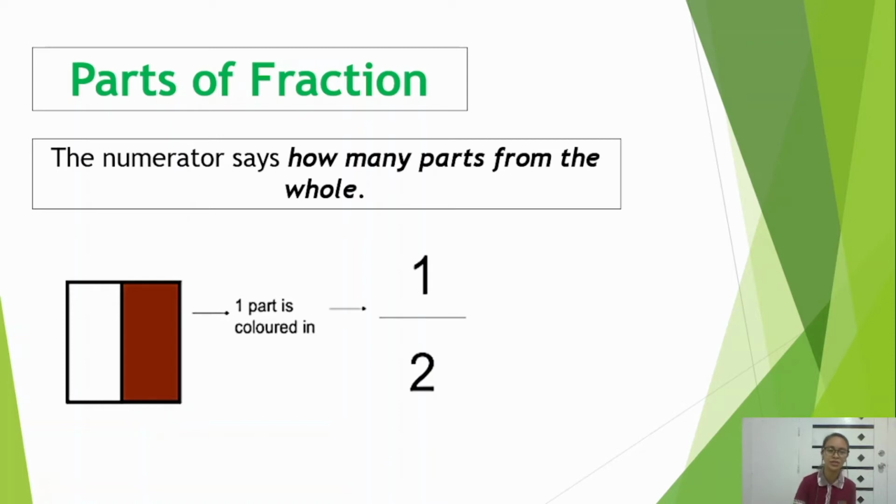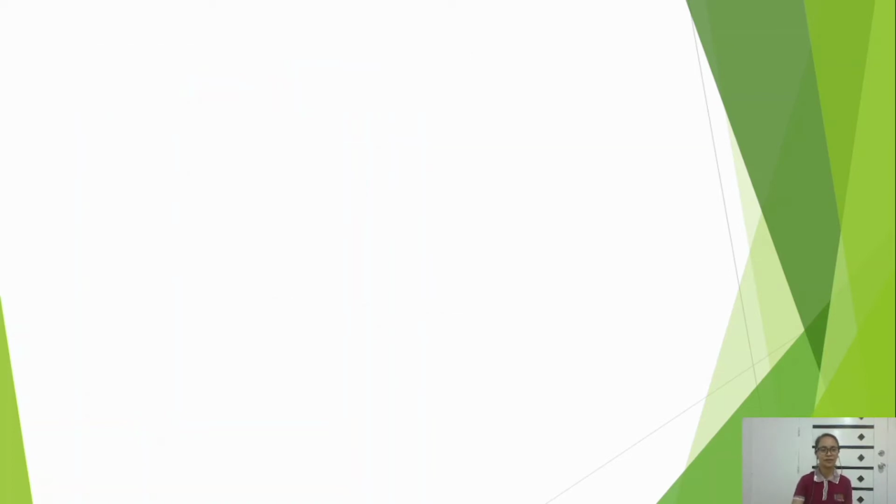So, the shaded region, itong kulay brown, yan yung ating tinatawag na numerator. At ito nga ay equivalent sa number 1. So, 1 over 2 or 1/2. 1/2 nung kabuuan yung shaded region natin, yung parte.